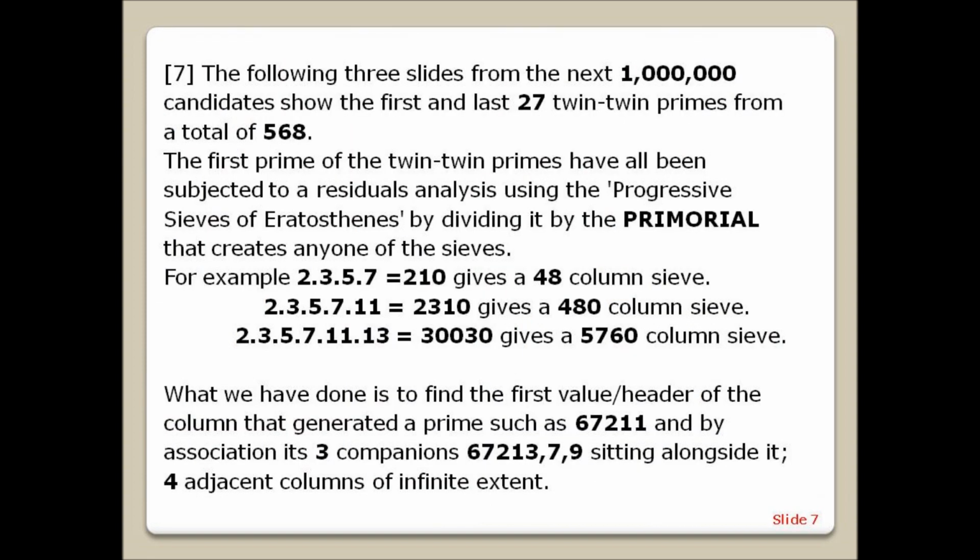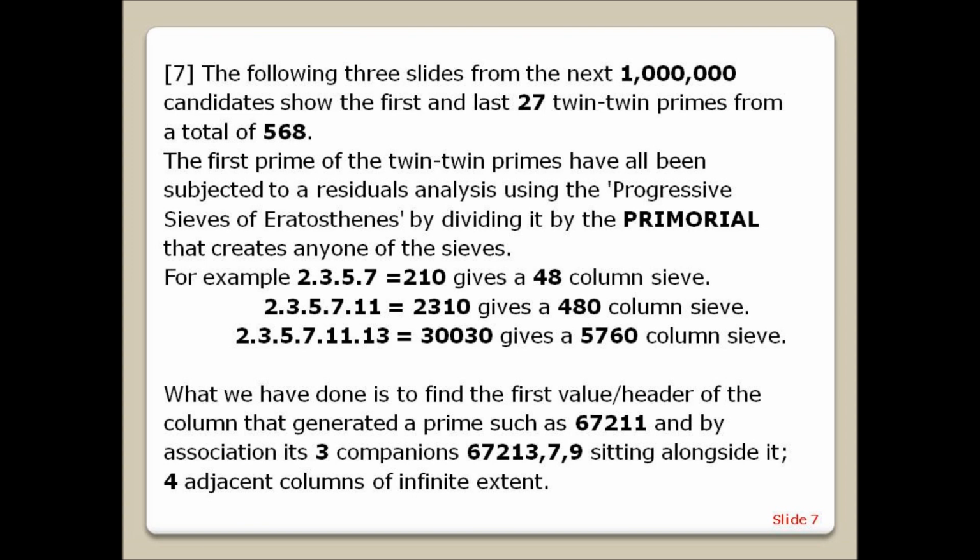The following 3 slides from the next 1 million candidates show the first and last 27 twin primes from a total of 568. The first prime of the twin primes have all been subjected to a residual analysis using the progressive sieves of Eratosthenes by dividing it by the primorial that creates any one of the sieves.